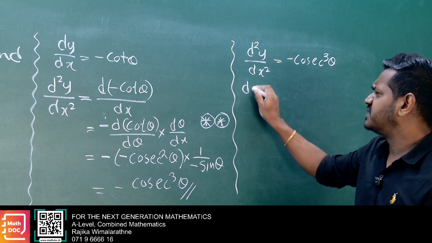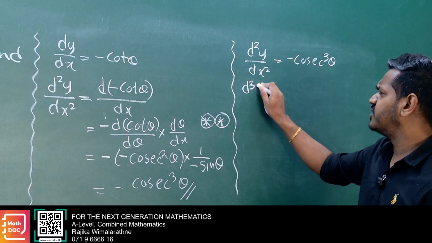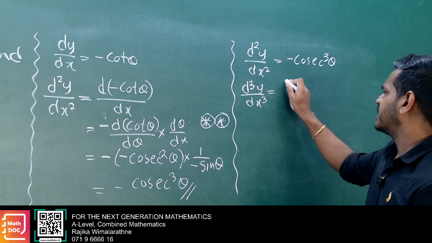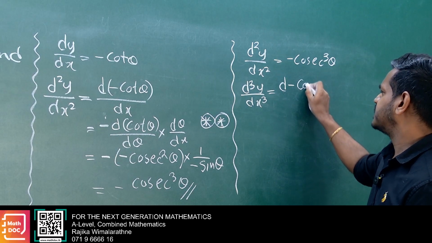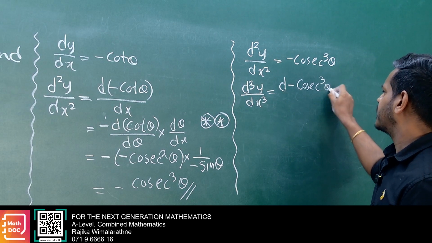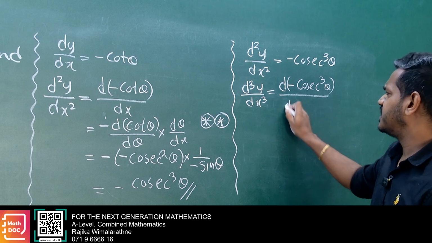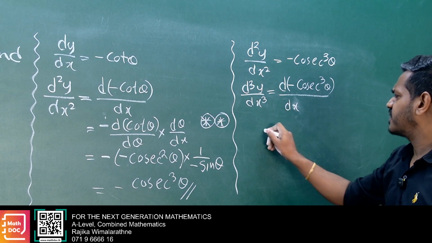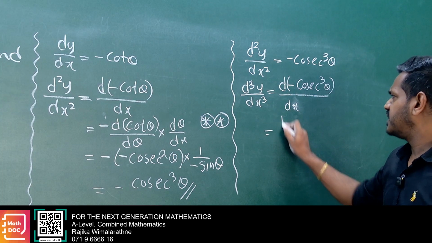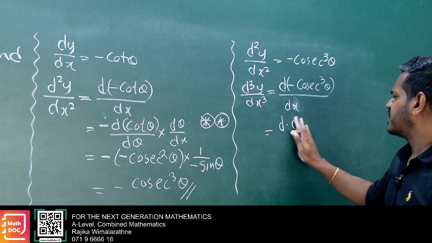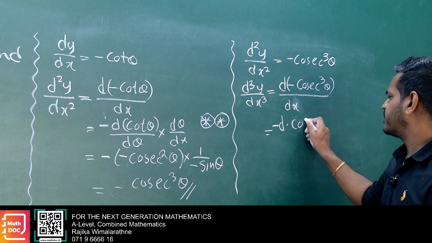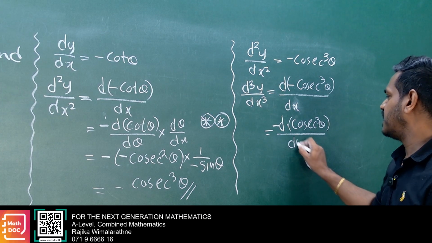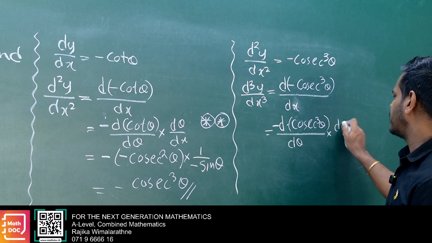When you differentiate with respect to x again for d cube y by dx cube, you take d of cosec cube theta divided by dx.